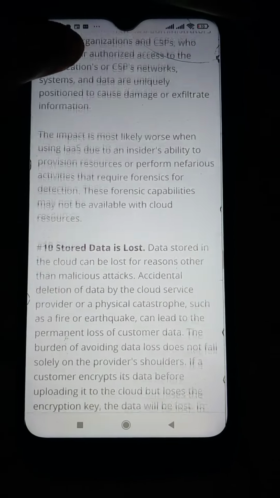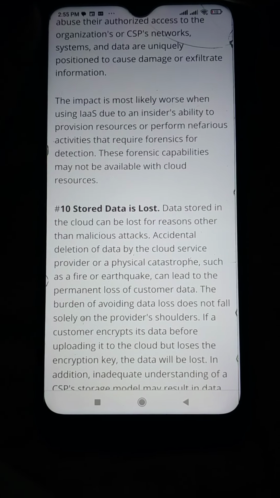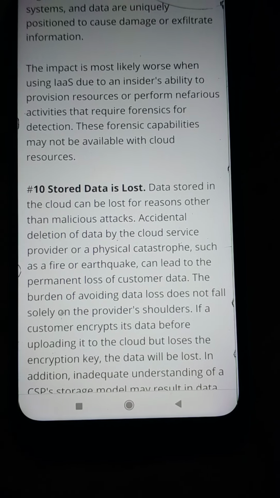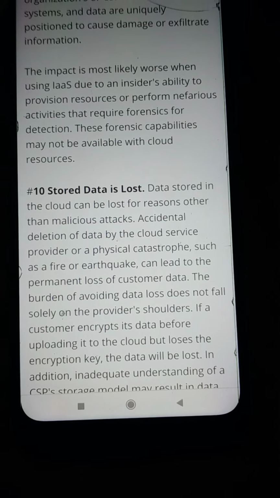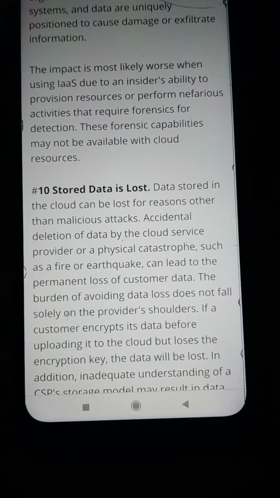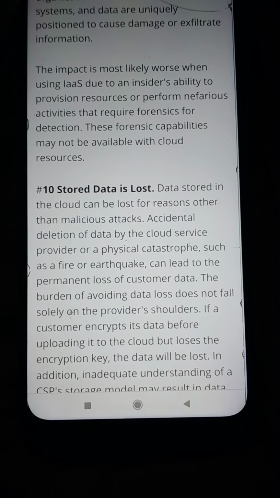Number ten is stored data is lost. Data stored in the cloud can be lost for reasons other than malicious attack. Accidental deletion of data by the cloud service provider or a physical catastrophe such as a fire or earthquake can lead to permanent loss of customer data.